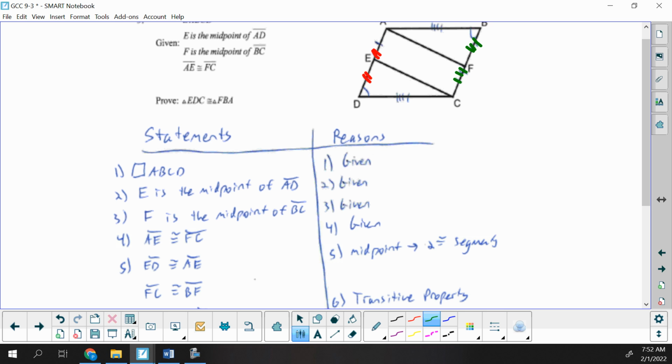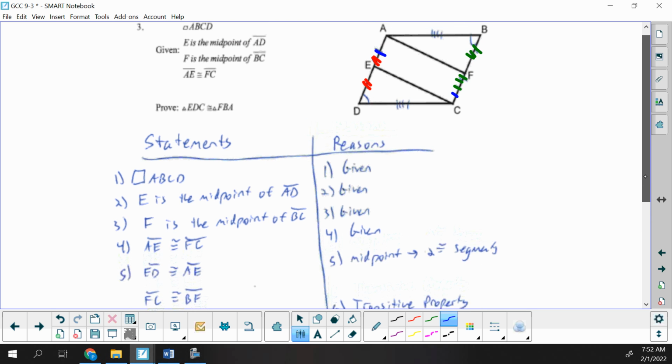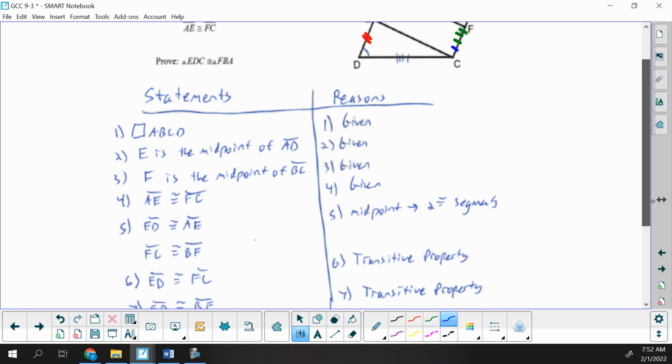And we were given AE and FC. So notice AE and FC each had double sets of marks, so we should be able to do some transitive. For starters, AE had the red marks and the blue marks. So we can say that ED is congruent to FC by transitive.